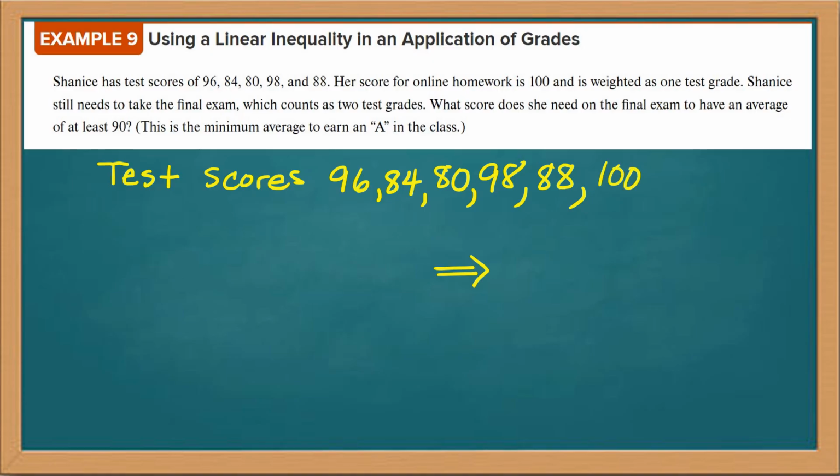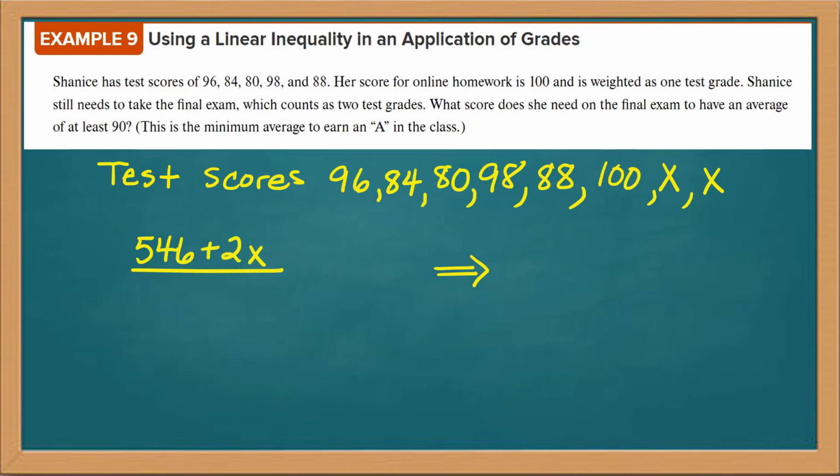And then in the end, you're going to have this final exam, which we don't know what that is. It's x, but you're going to have two of them because it's being counted as two test grades. So that's what we're going to take the average of, those grades right there. 1, 2, 3, 4, 5, 6, 7, 8 grades. And we want that to be 90 or better.